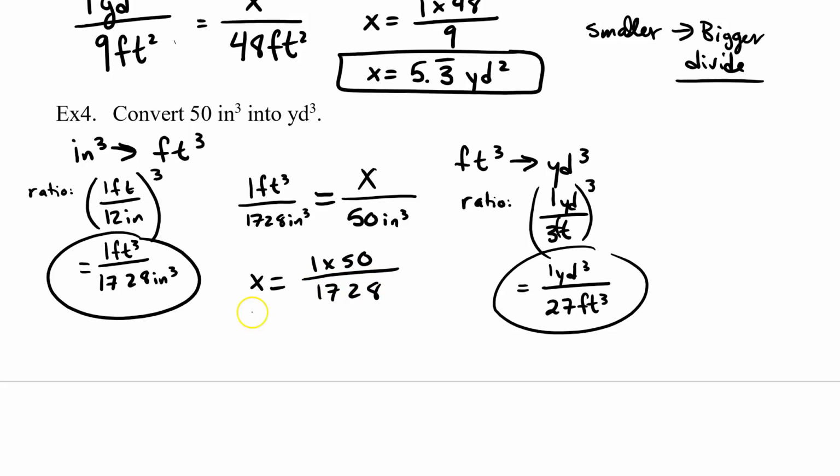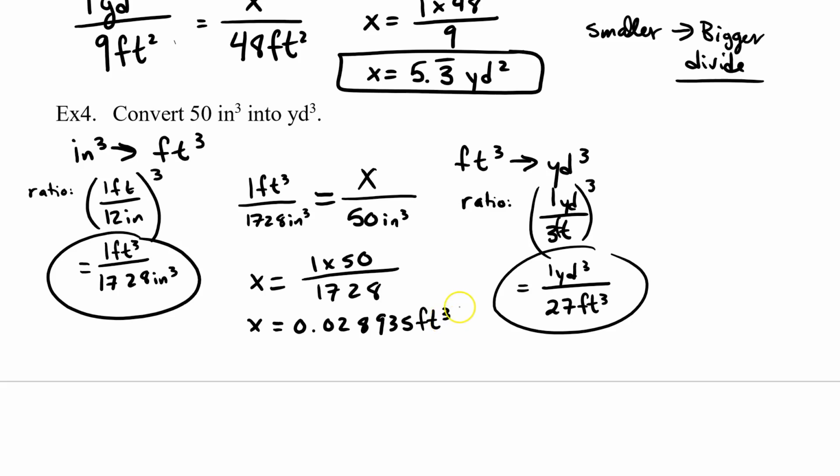And so we get, I'm just going to do this on a calculator on the side, 50 divided by 1728 equals 0.02895, and my units are going to be feet cubed.